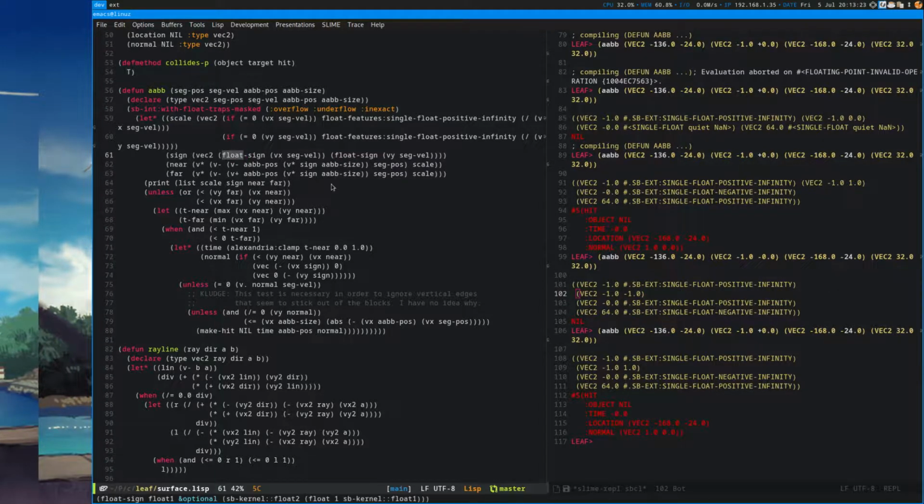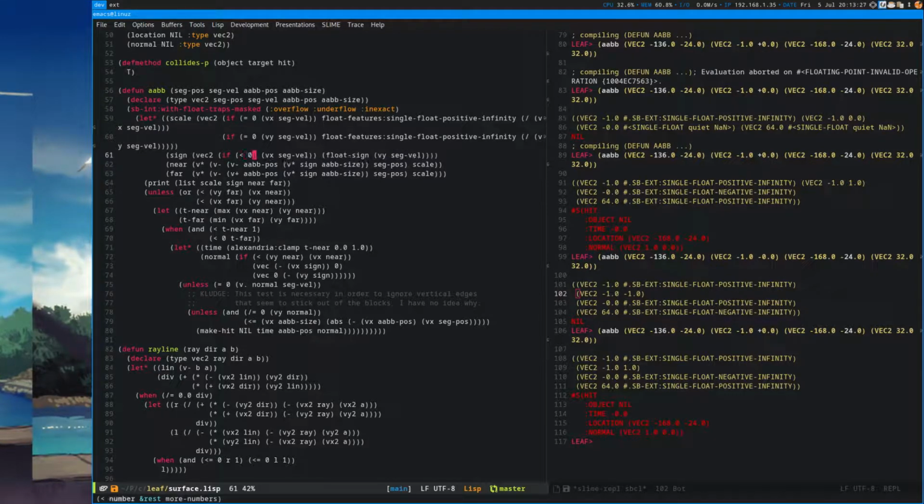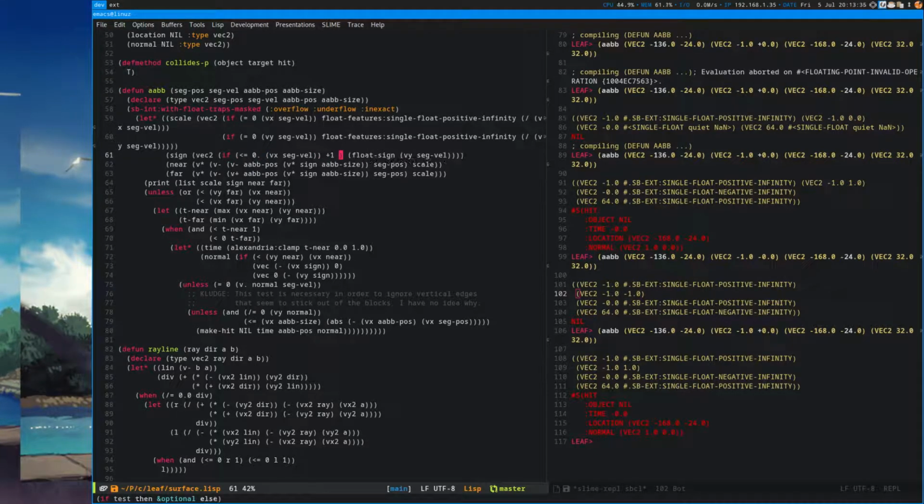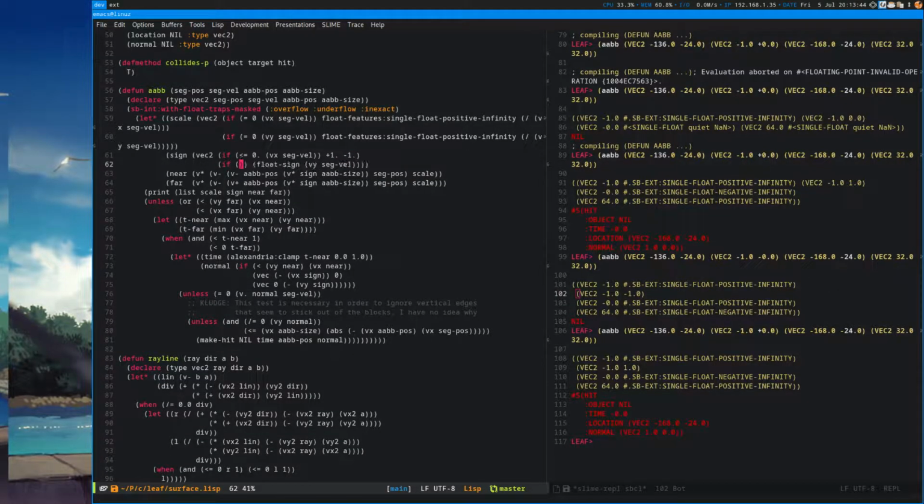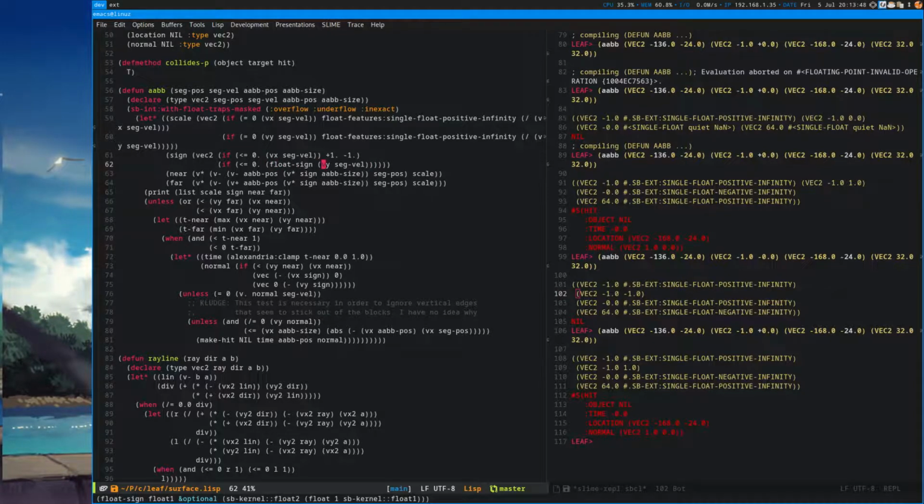Instead of float sign, do something like if small equals 0, then +1, otherwise -1. Is that the thing that I should do, maybe? Because that is, yeah.